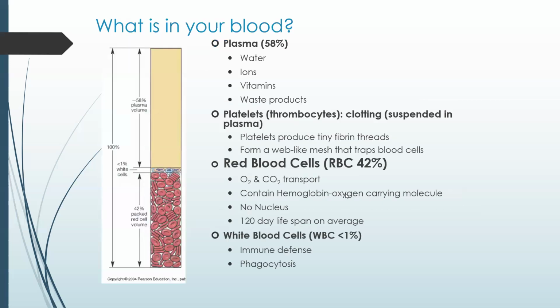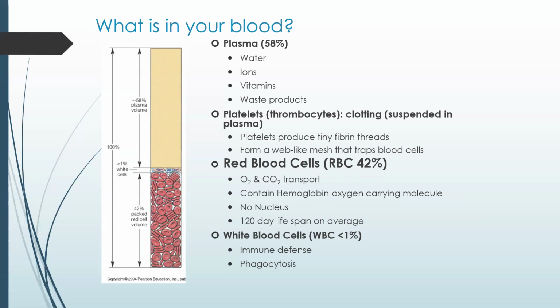So what is in your blood? We're just going to do a very brief overview of the components of the blood. A little bit more than half of the blood is made up of plasma, which is water, ions, vitamins, and waste products. We have the platelets, or the thrombocytes, that are involved in clotting.